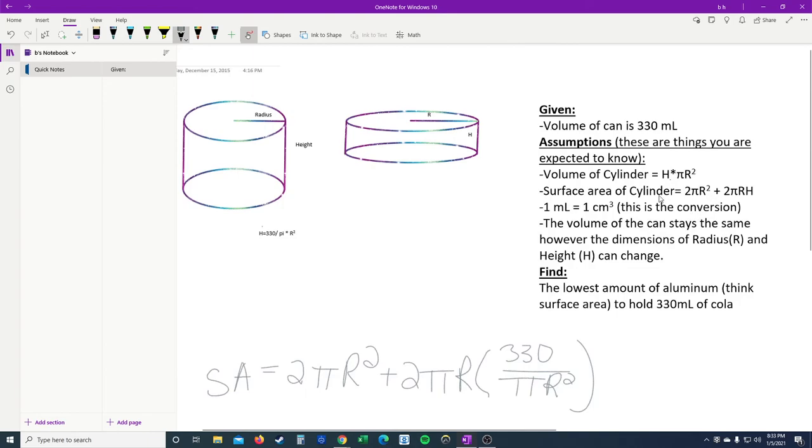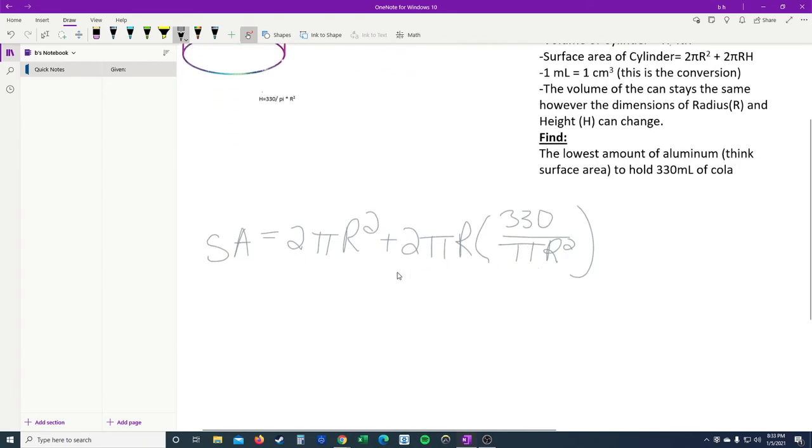Again, it's this equation right here, the surface area of a cylinder. So basically, we're going to do some algebra. We're going to try to reduce this equation into something a little bit easier to comprehend. So the first thing I would do here is I see that with the two additional terms, there's a 2 that's in common. So I'm just going to factor out the 2.